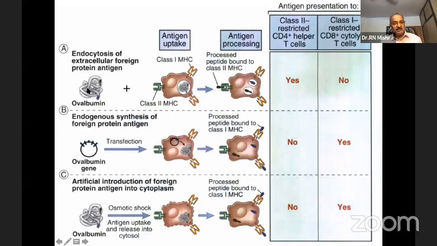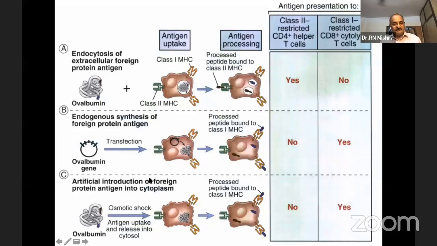So a cell which takes up protein by endocytosis presents it by class 2, the black one here. But if there are viruses and tumor antigens inside the cell, they are presented by class 1 to the CD8 cell, and this one is to the CD4 cell.